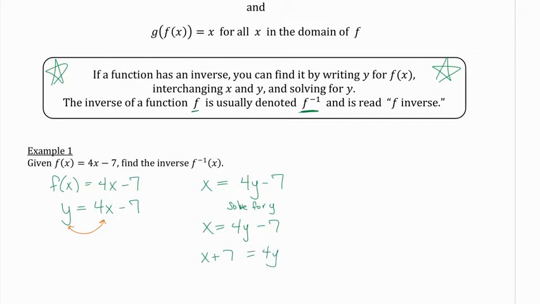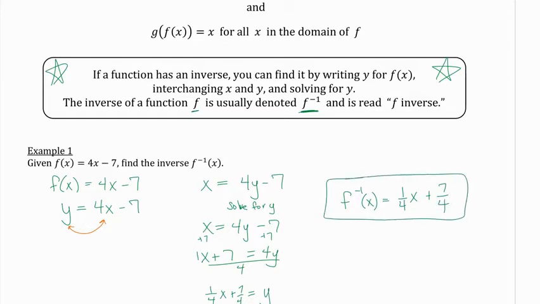And then I'm going to divide everything by 4, so that will give us y equals, and there's a 1 in front of that x, so I could write it as 1/4 x plus 7/4. So then we get our inverse function, f inverse of x equals 1/4 x plus 7/4. Ta-da, there is our inverse function.